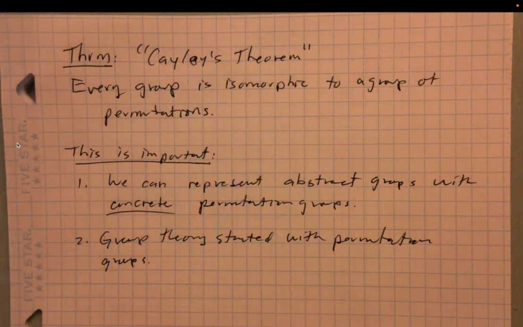And then out of that, there was a lot of abstraction, right? There were a lot of different ways of thinking about groups that grew out of this permutation group idea. And so really Cayley's theorem provides a kind of confirmation that our current day way of thinking about groups, the axioms, definitions, etc., is actually a correct abstraction of the much easier, earlier notion of groups just being permutation groups.